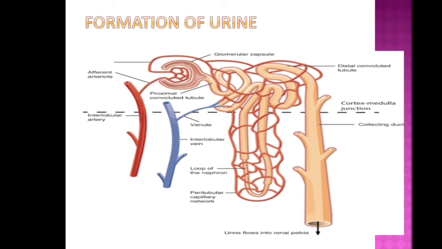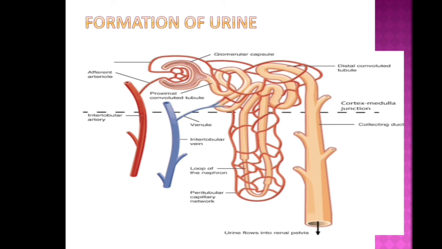Now when the filtrate containing the useful substances as well as the waste substances passes through the tubule, then the useful substances like all the glucose, amino acid, salt and most of the water are reabsorbed into the blood through the blood capillaries surrounding the tubule.